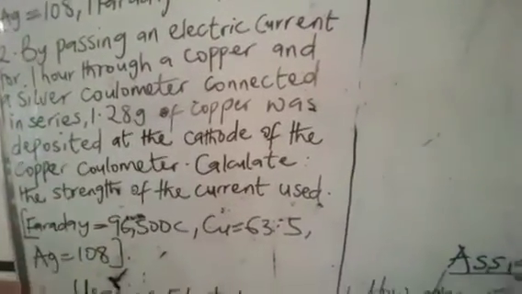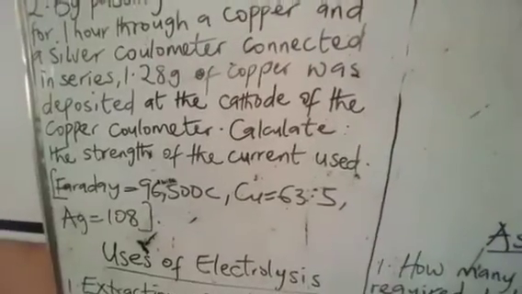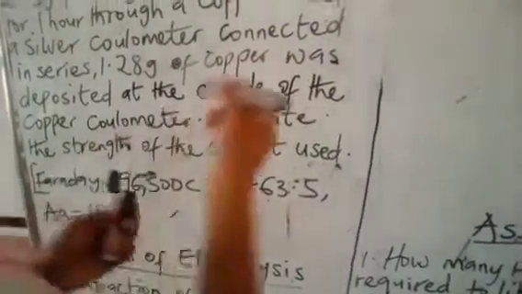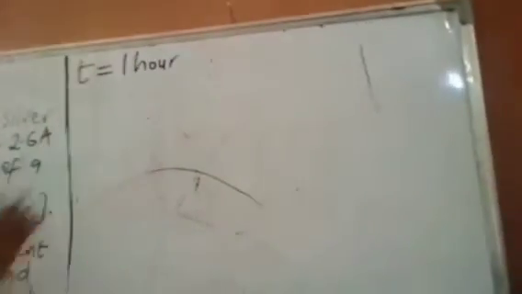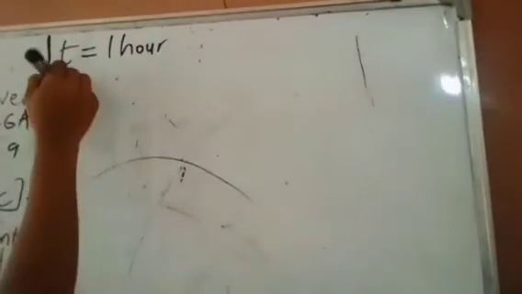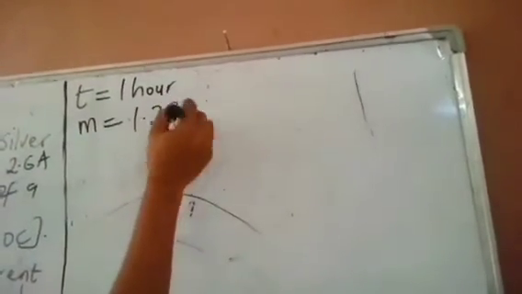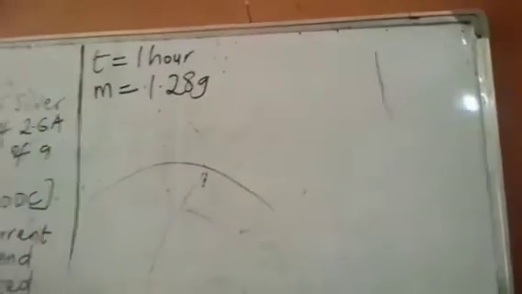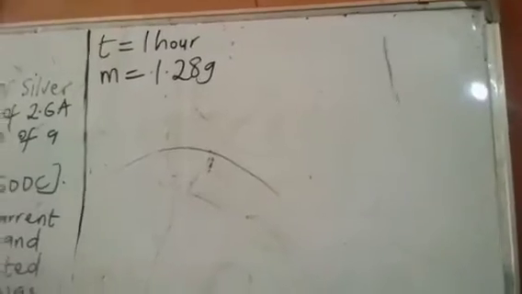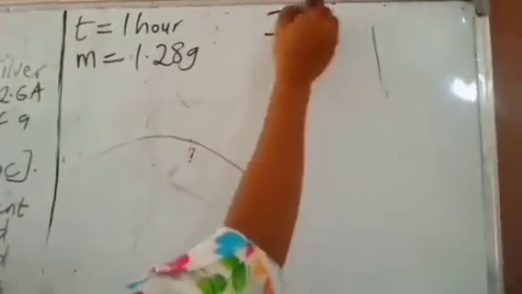Calculate the strength of the current used. Now in this one, we are given the value of the time as 1 hour. We have the value of our mass as 1.28 gram. That is the only one. We are meant to look for our current.